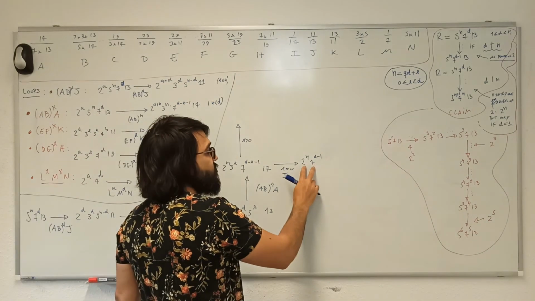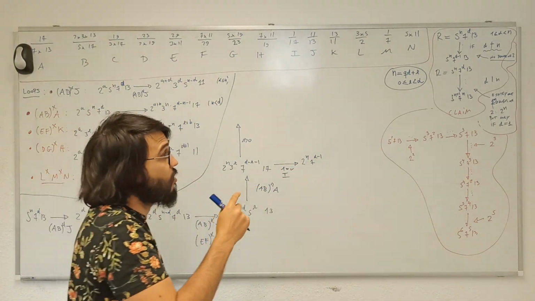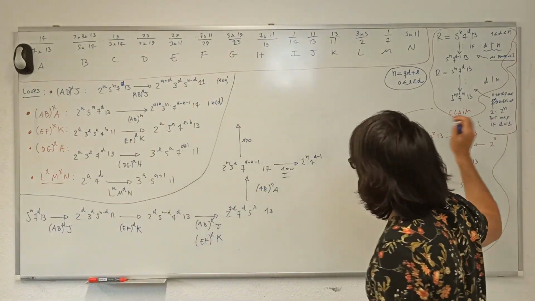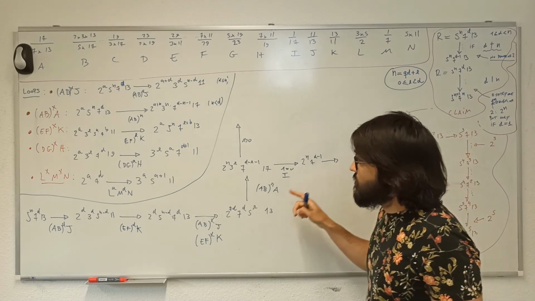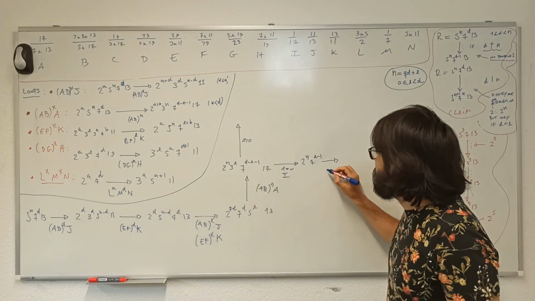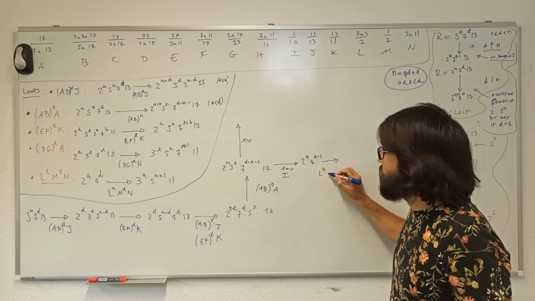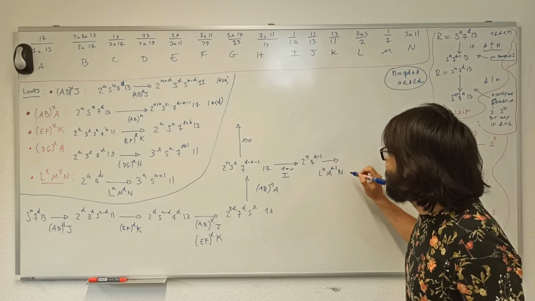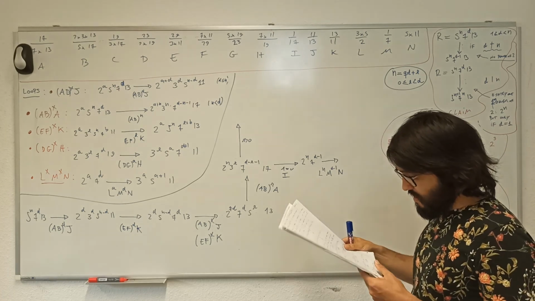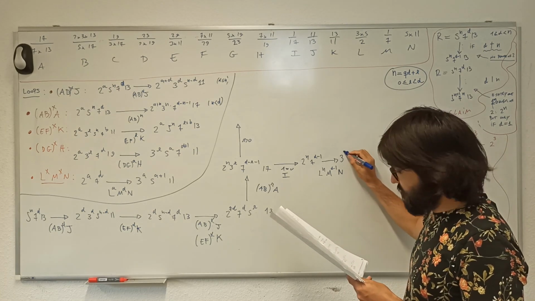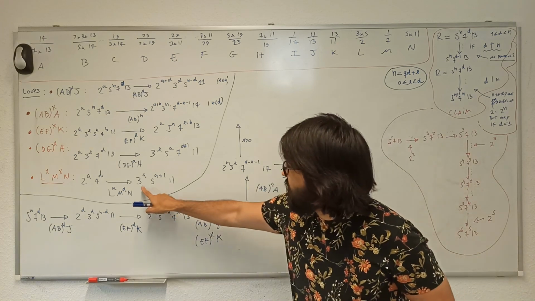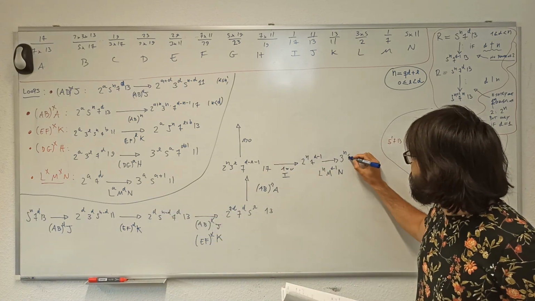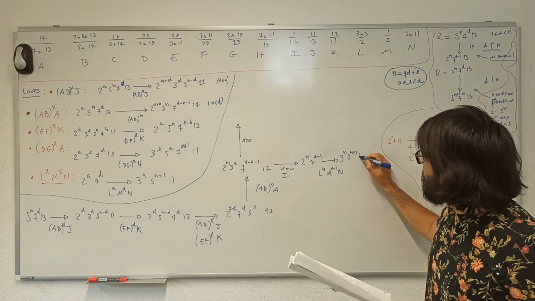That's the only position where I can get a power of 2, and it will only be if d equals 1. Okay. Then now I'm in position to apply this guy, so that would be L to the n, and m to the d minus 1, and n, and then finally we get the 3 to the n. It just copies this guy, 3 to the n, 5 to the n plus 1, 11.